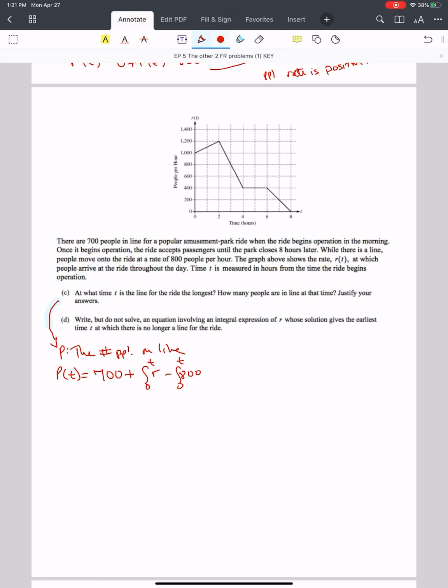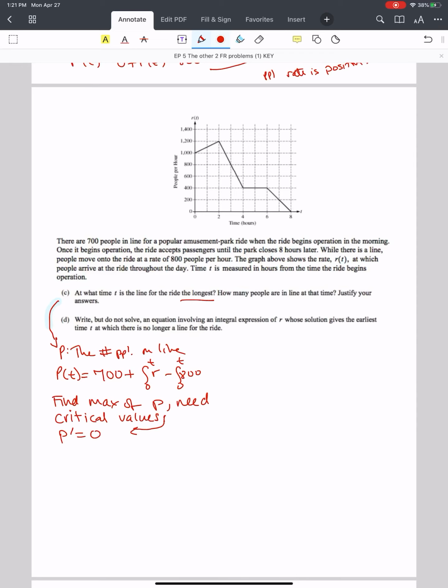They said, find when it's the longest. So to find the max of P, I need the critical values. It is very important that you get in the habit of letting the readers know that you know how to find the critical values. So that would be where P prime equals 0.